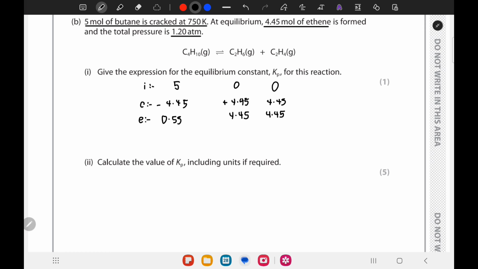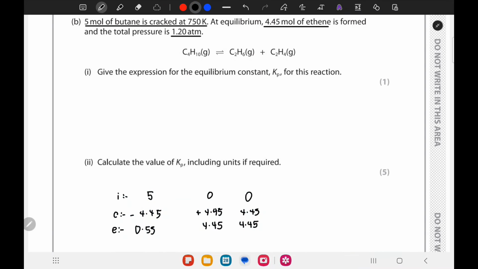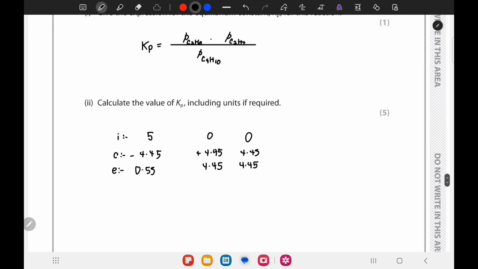So this will be needed in part 2. For part 1, we just need the expression of the equilibrium constant. This will just be the partial pressure of C2H6 multiplied by the partial pressure of C2H4 divided by the partial pressure of butane C4H10.